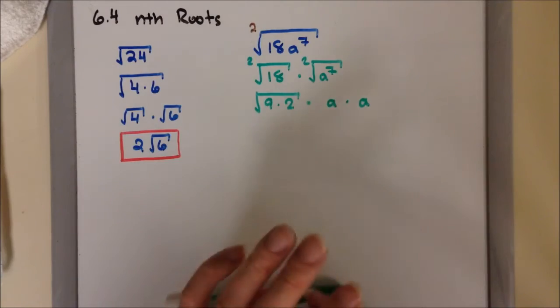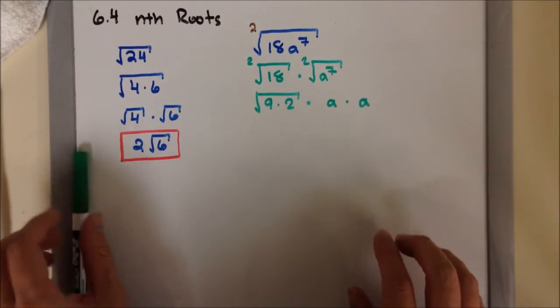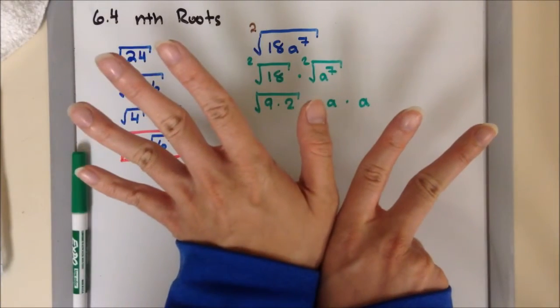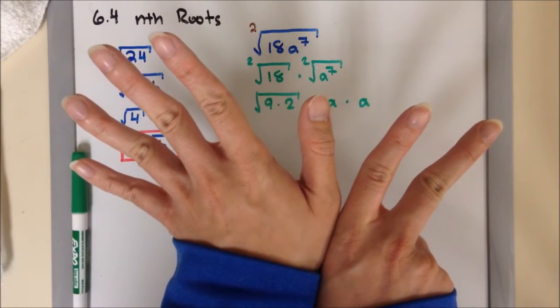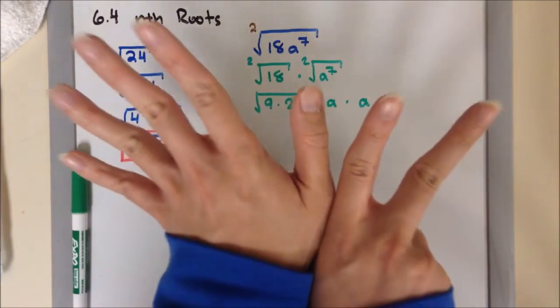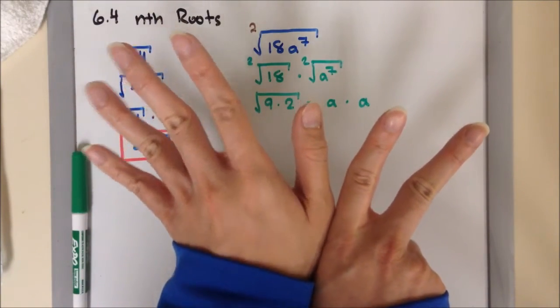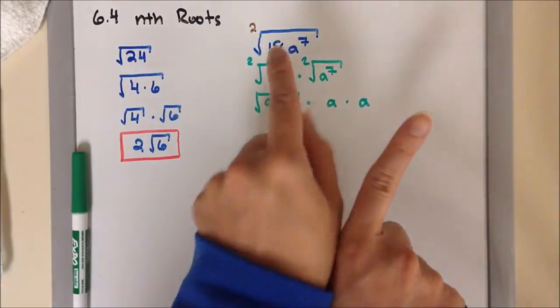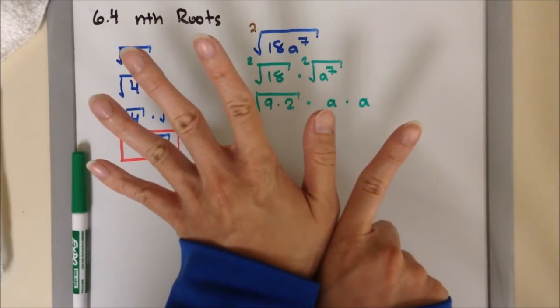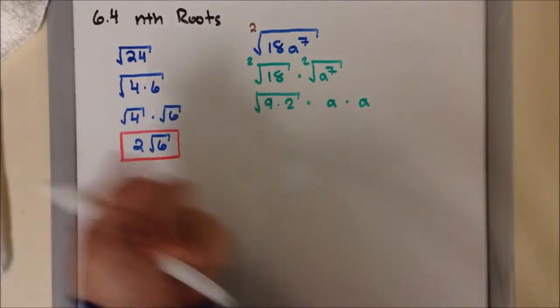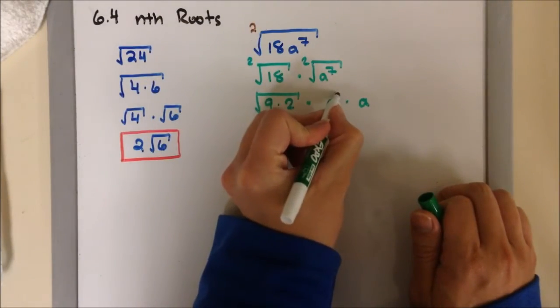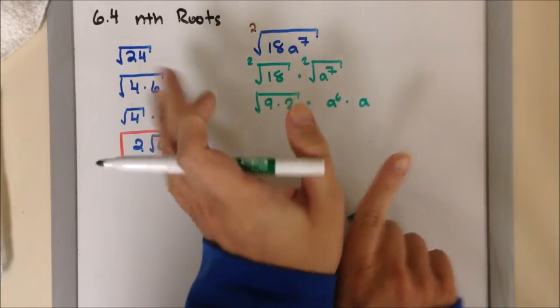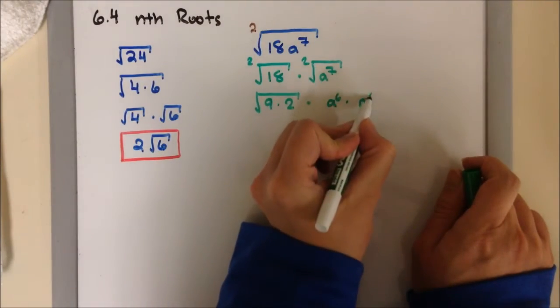And again, this is all dealing with properties of exponents. So again, we had 7. 2 could not go into 7. If I take 1 away, I have 6, and 2 can go into 6. So I'm going to write the first a with the exponent of 6, and then the one I took away, 1.